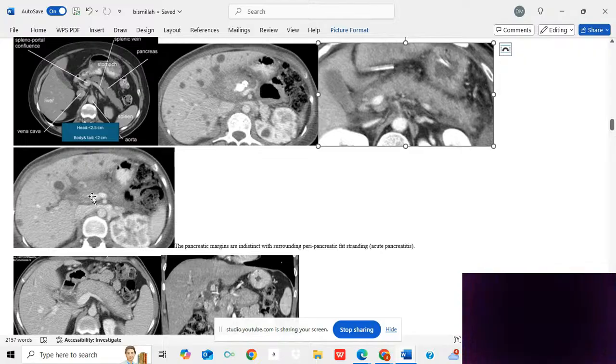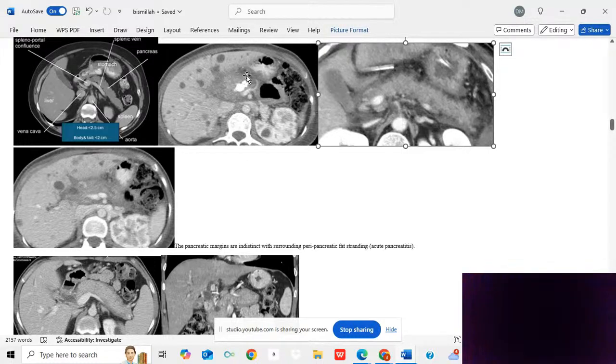Next sign to show you that there is pancreatic inflammation: the pancreatic margins are indistinct with surrounding peripancreatic fat stranding. If you go like this on a normal pancreas, you will find the lobular contour, and the surrounding fat is very clear with normal fat density.